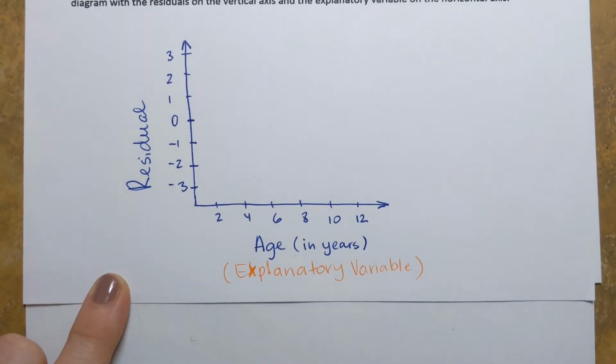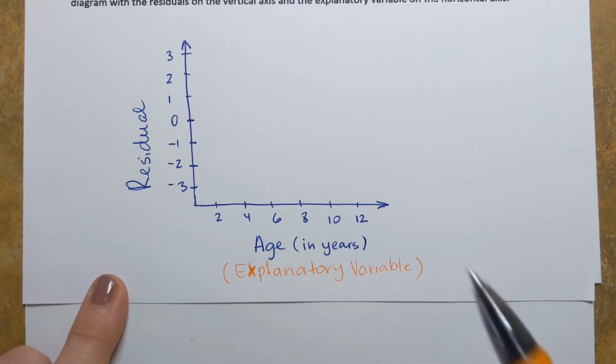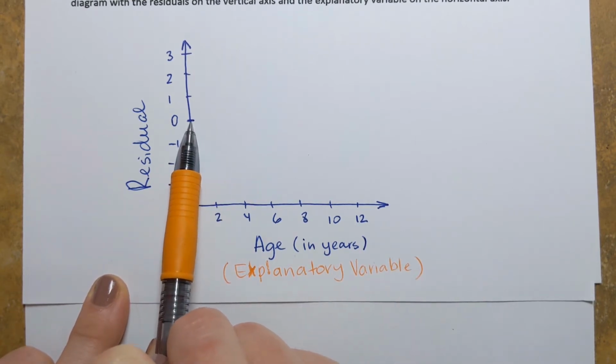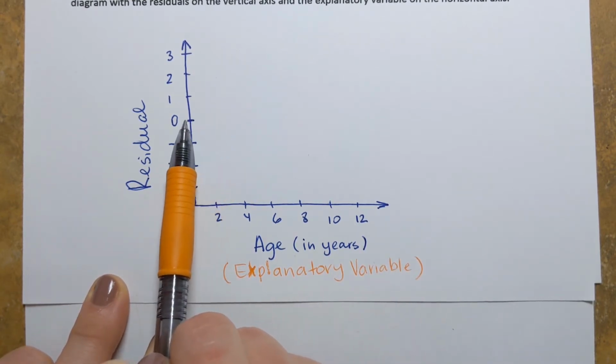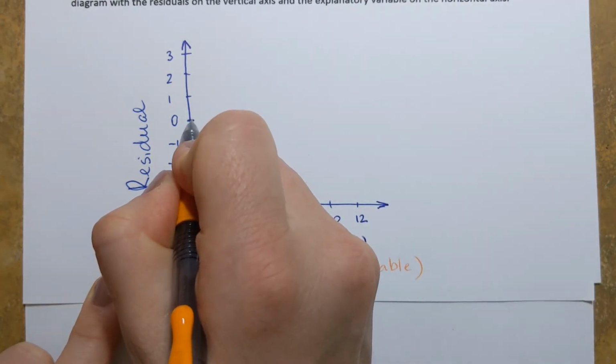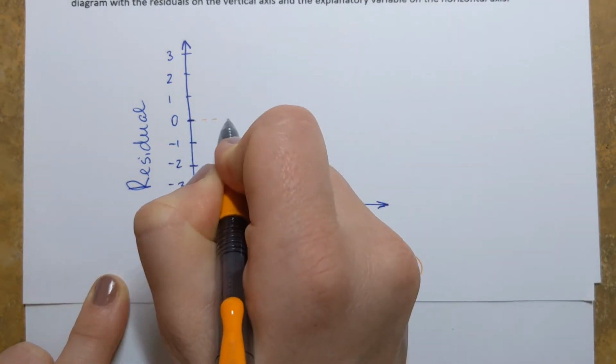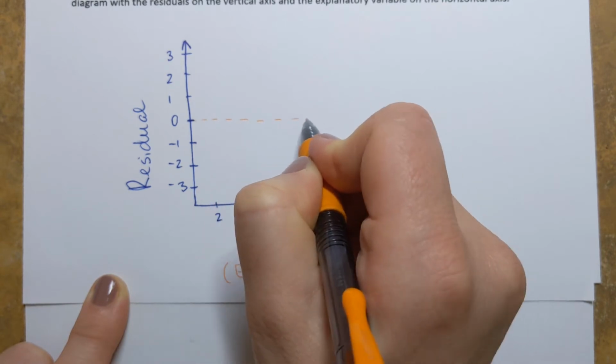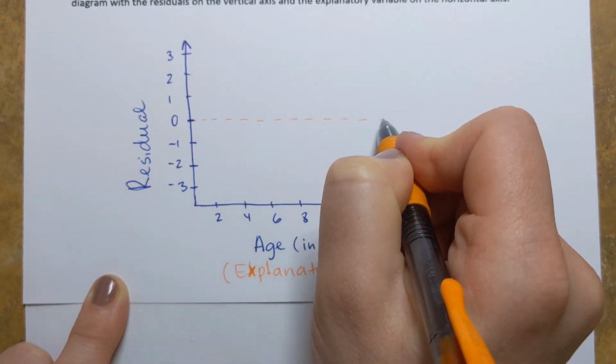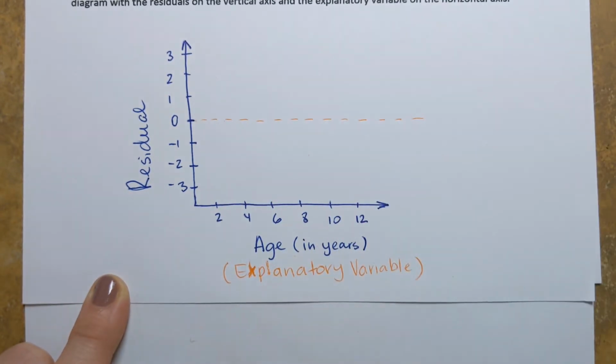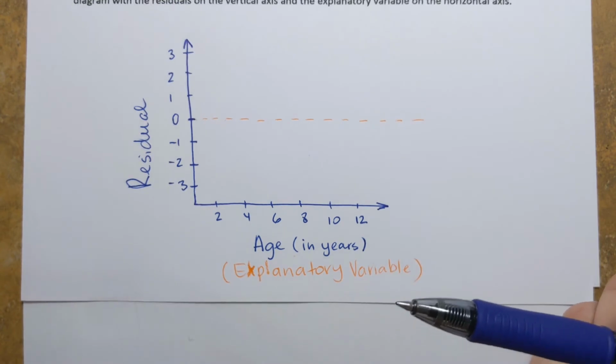Another thing that we usually do on a residual plot is draw a dashed line through 0. That's kind of like the border separating overestimations and underestimations, so visually it's going to be easier to distinguish them. And now we're ready to start plotting points.